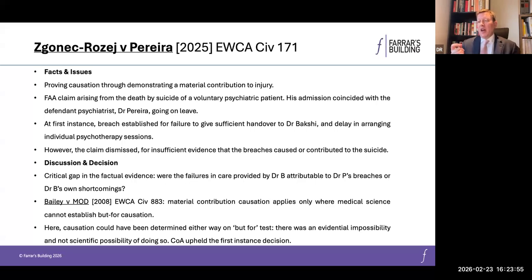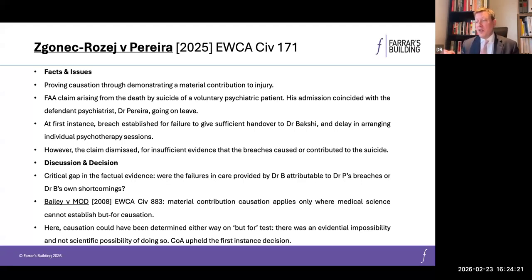It applies only where medical science can't establish but-for causation, but where it can establish that the negligent cause contributed more than negligibly to the injury. But importantly, where but-for causation can be determined either way, for or against the claim on the balance of probabilities, then the doctrine of material contribution doesn't arise.